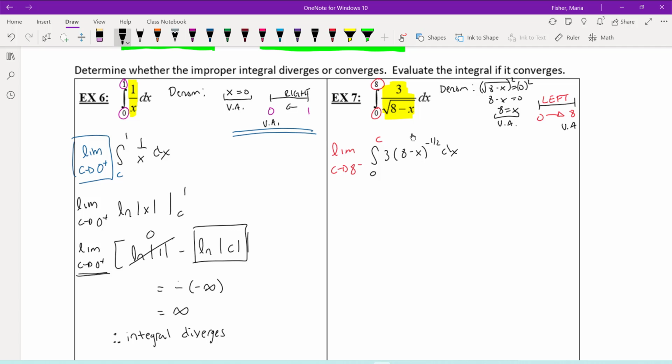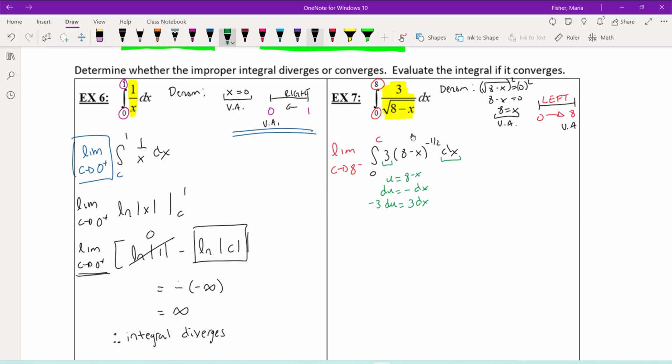Well, let's use a u-substitution to work this out. If u is equal to the thing that's being raised to a power, 8 minus x, the derivative du would equal negative dx. Well, I don't have a negative dx, I have a 3 dx. If I multiply both sides by negative 3, I have negative 3 du is equal to a positive 3 dx.